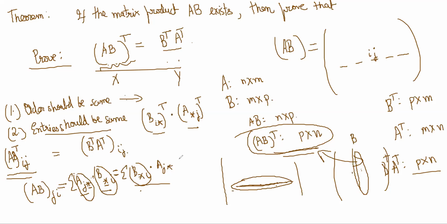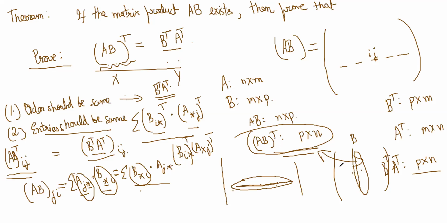Now it is proved, no? Now it is a summation of this, the product of B transpose and A transpose, the i star j entry. This is just the product of B transpose and A transpose. You understand?